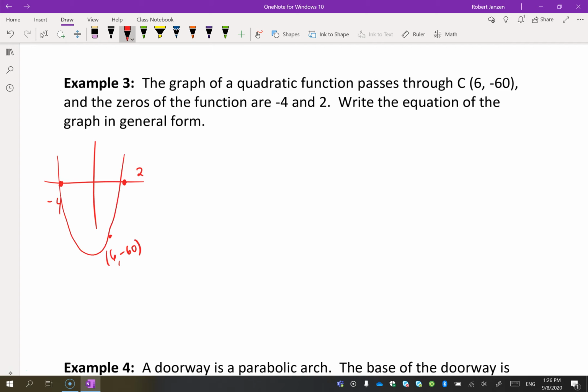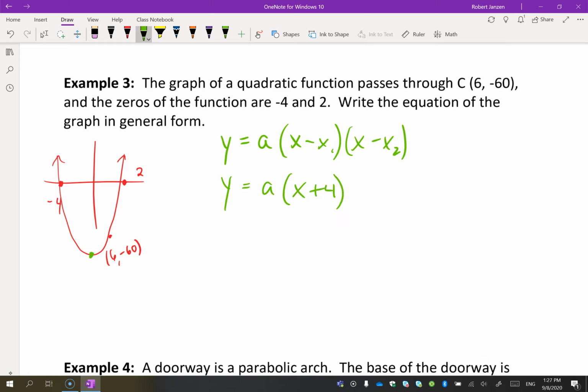So I don't know, this thing looks something like this. Write the equation in general form. Notice it does not give me the vertex. Now you might be able to figure it out, but you don't need to. We're going to use this form. This is called factored form. Okay, so what you do is we put in the 2 zeros, like so.